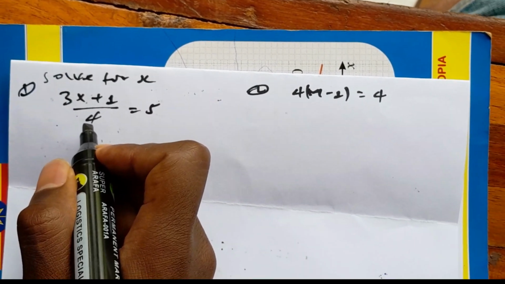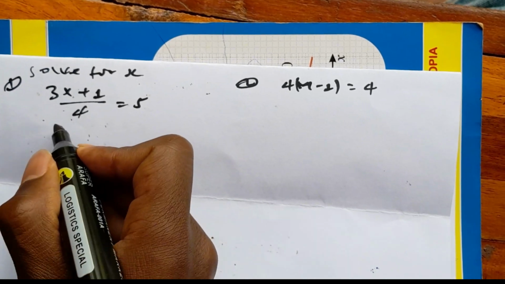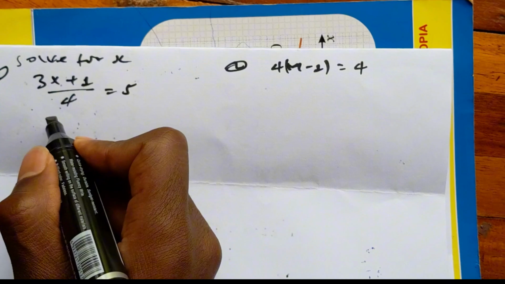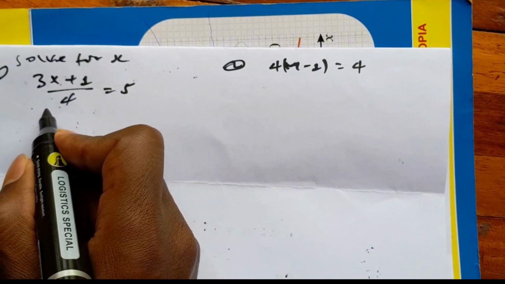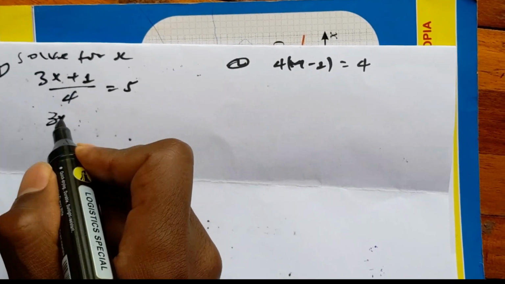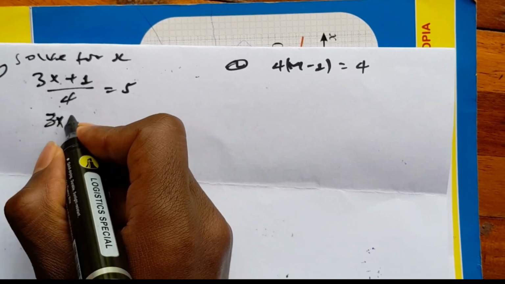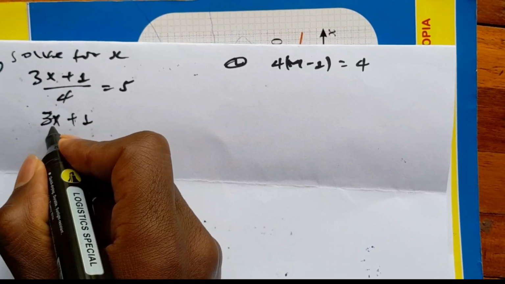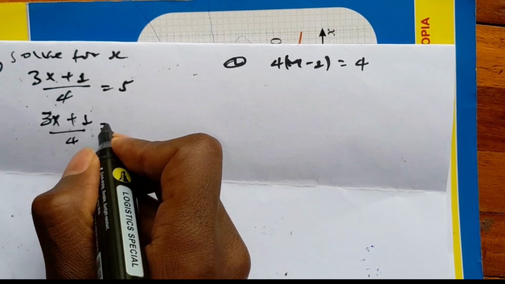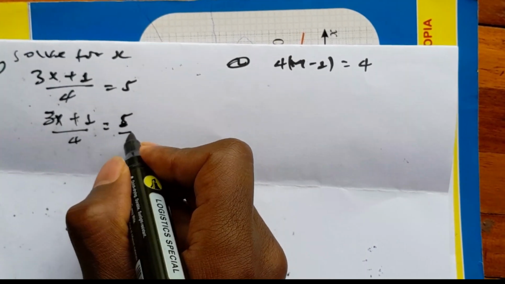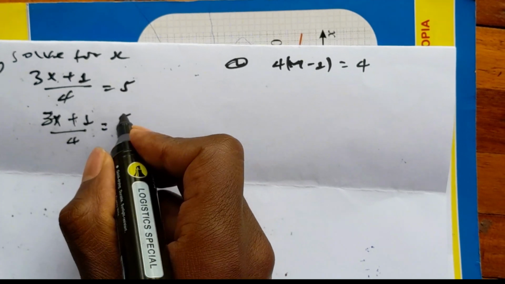First, we use this one. (3x plus 1) over 4 means 3x plus 1 over 4 is equal to, if under 1 there is 1, under 5.